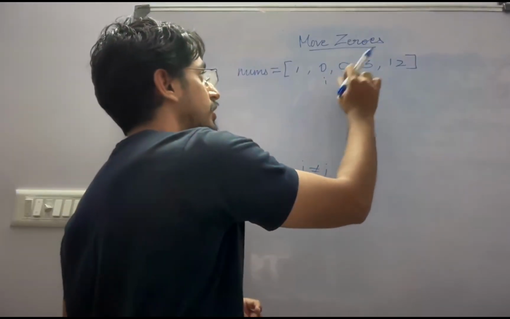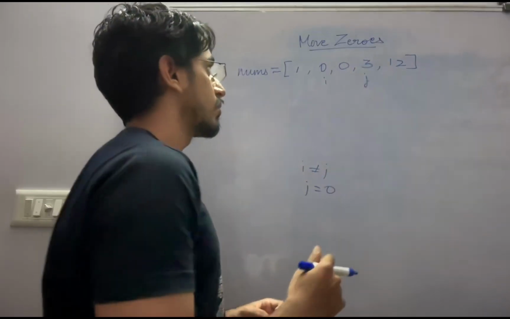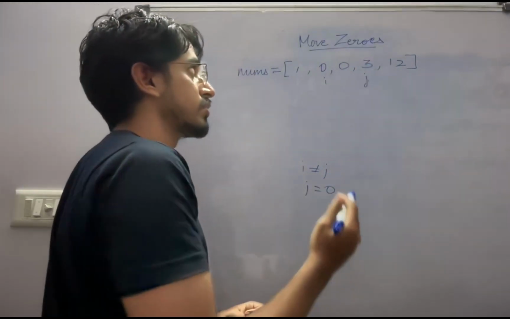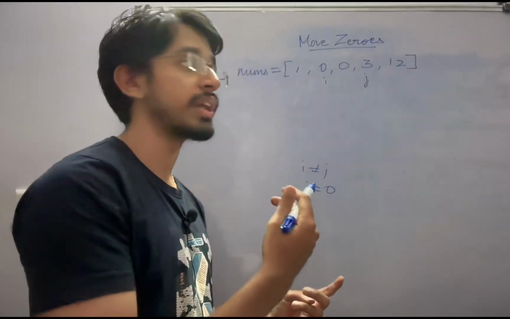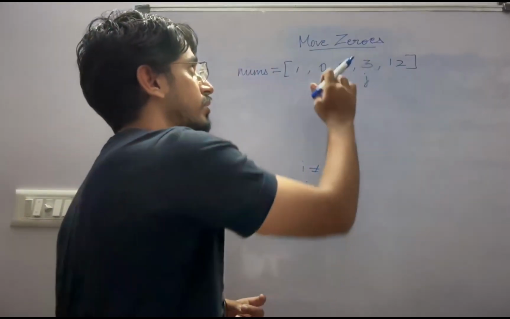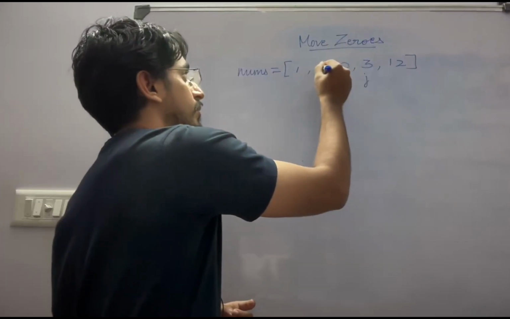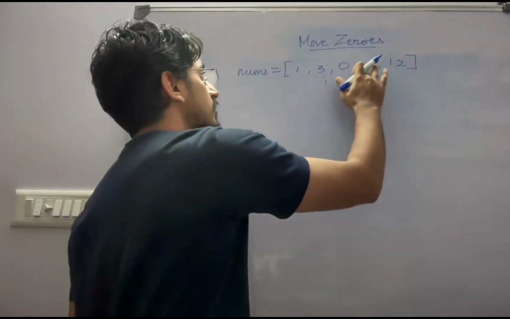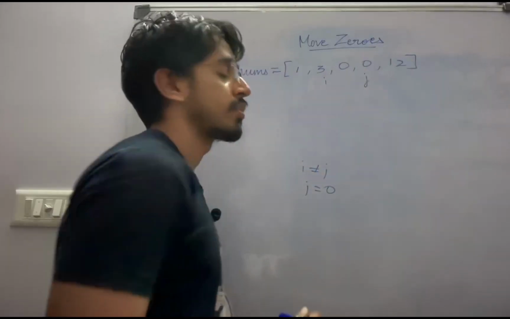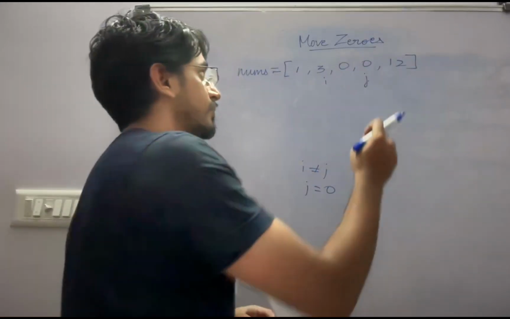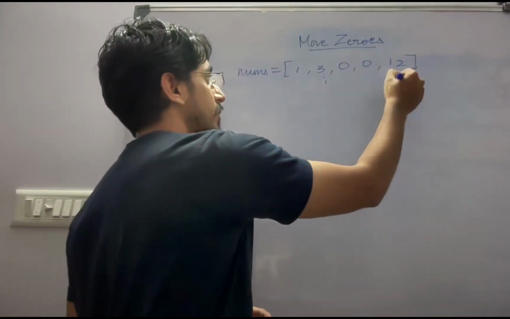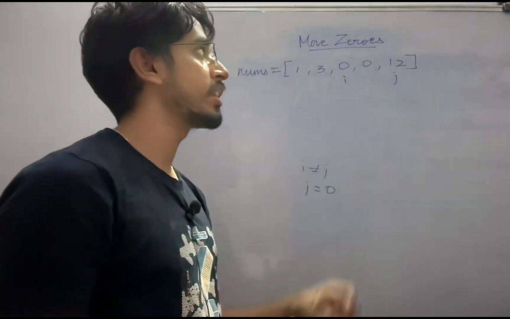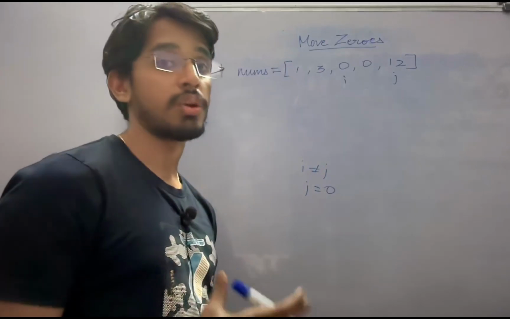So we increment j. Now I and j are not equal and j is also not equal to 0. So in this case, as I told, we need to update the value of I to the value of j, and make j equal to 0. Now we increment j and increment I. Now we see that j is not equal to 0 and I and j are also not equal.